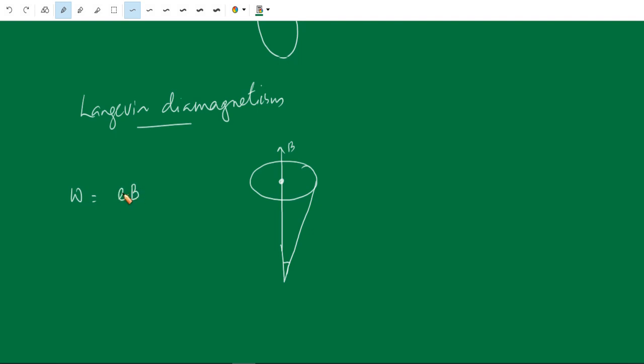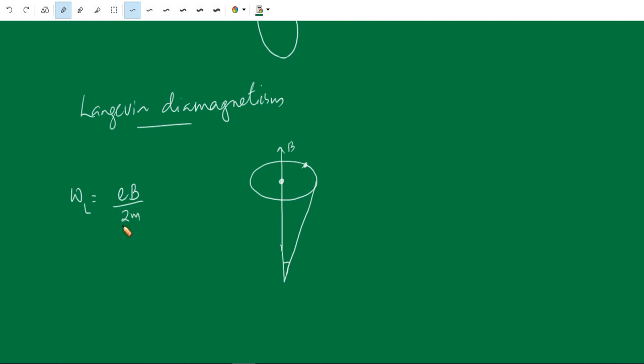The angular frequency of this precession, called the Larmor frequency, is given by eB divided by 2m, where e is the charge of the electron and B is the magnetic field. This is half the cyclotron frequency, which is eB by m. Therefore the Larmor frequency omega L is equal to eB by 2m.